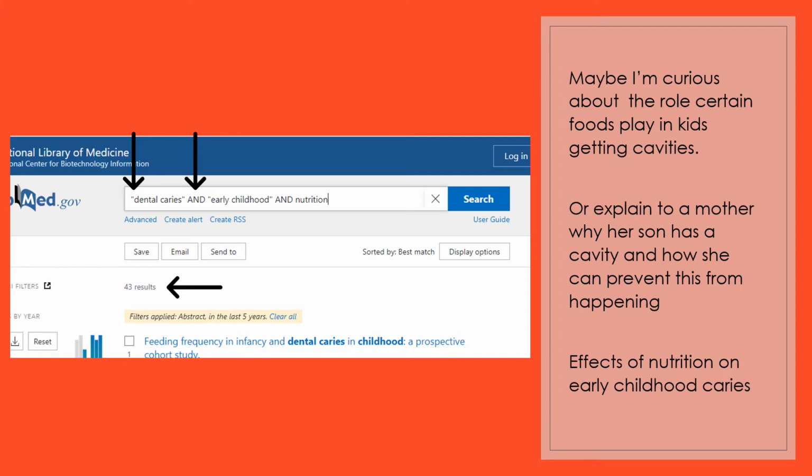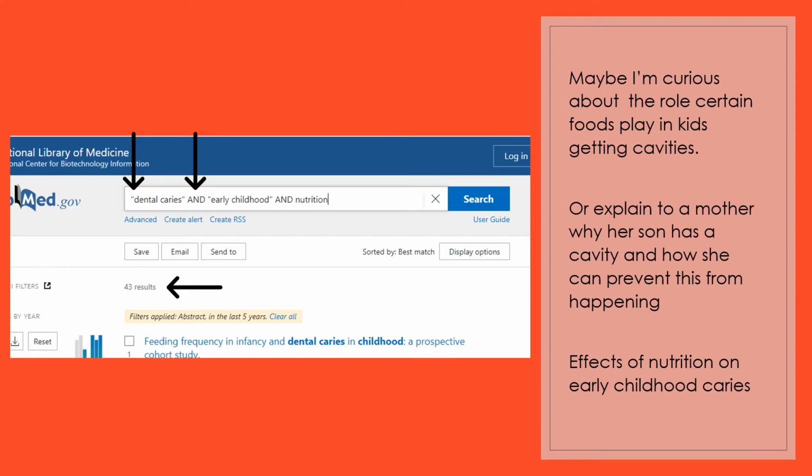And early childhood caries are typically 0 to 5, or sometimes it's 0 to 6, depending on who's deciding what early is. Anyway, so I'm going to type in dental caries, okay? Because I'm looking for the word caries, it's not going to give me hits on cavities, right? And that's important because I'm looking for articles that are for professionals, dental professionals.